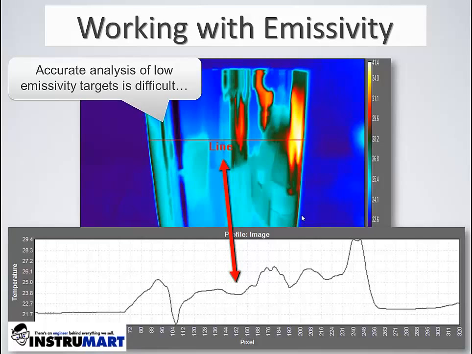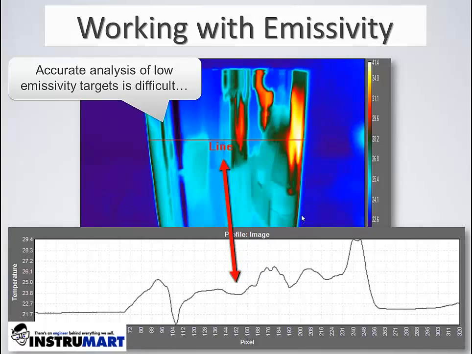Additionally, I have drawn a line region of interest, or line 1, across my stainless steel cup, and I've displayed the corresponding line profile. This line profile also indicates a variation in temperature across the stainless steel cup of almost 10 degrees C.